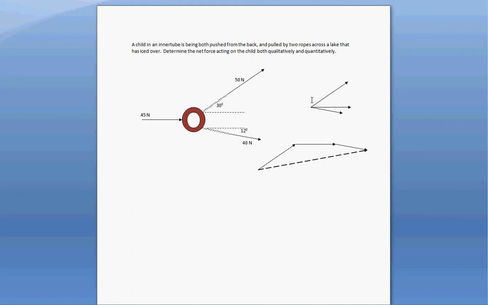What we're going to do is take the x components of all of these and add them up, and the y components of all of these and add them up. So we'll start with, say, the 50 vector, this one right here. The 50 Newton vector is at a 30-degree angle, so we're going to need the x component and the y component. The x component of this vector is equal to the magnitude, 50, times the cosine of our angle.